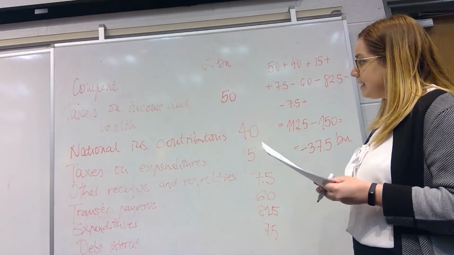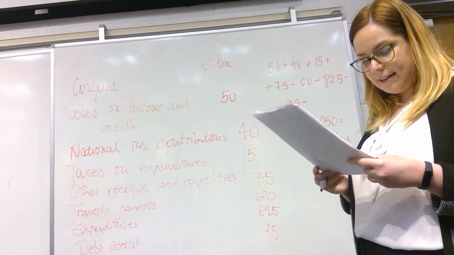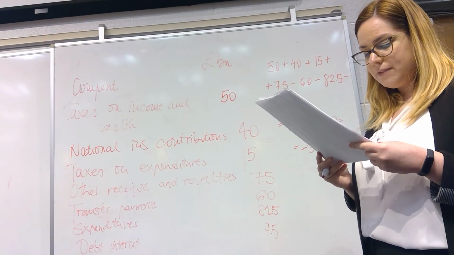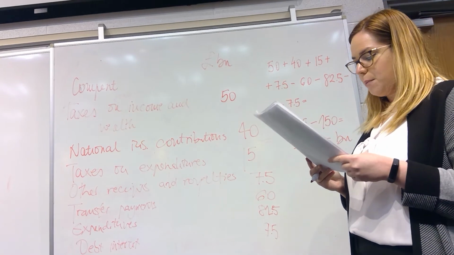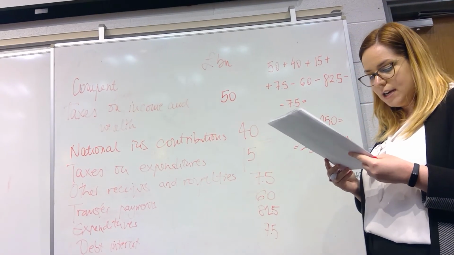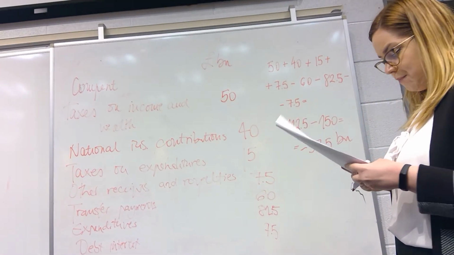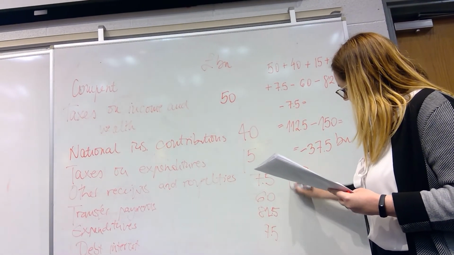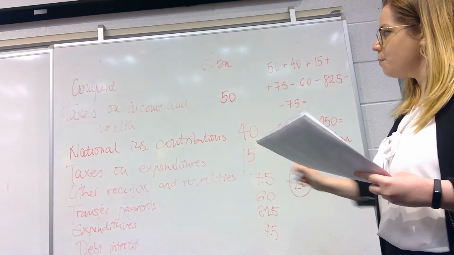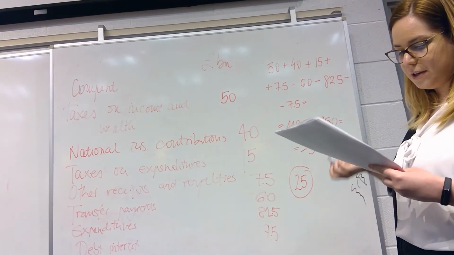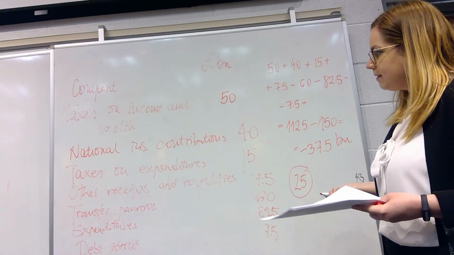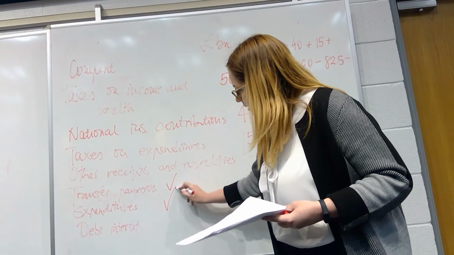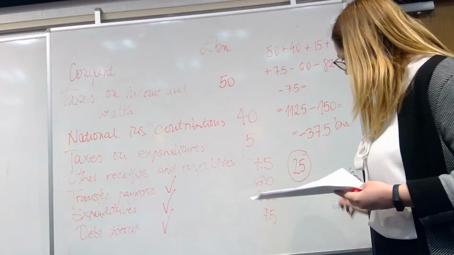Next question is again related to this table, and it asks us, consider the above table with the data for a country's government budget. Government outlays are equal to then how many billions? So it's question 25, and out of all the components in this table, we should determine what are actually government outlays, and those are transfer payment, expenditures, and then debt interest.